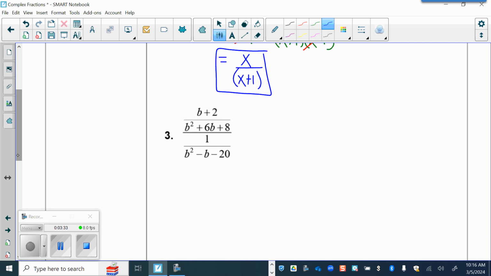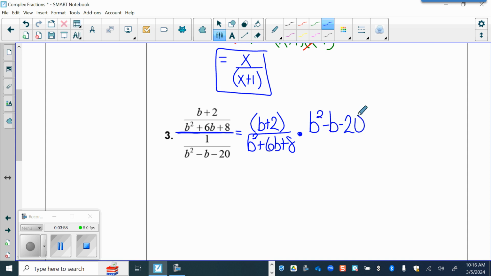Okay, I still have a single fraction on top and a single fraction on the bottom. So keep, divided by. Change this fraction bar to multiplication. Flip it. Okay, factor.